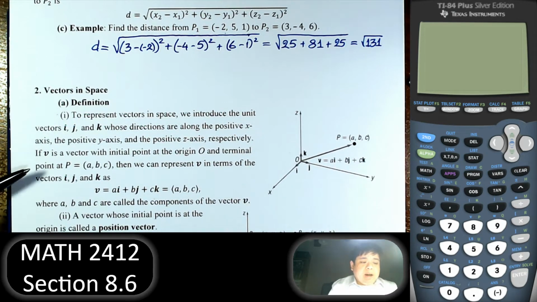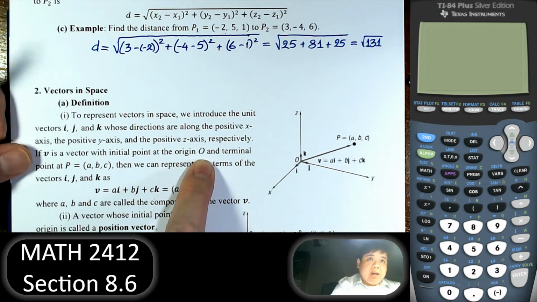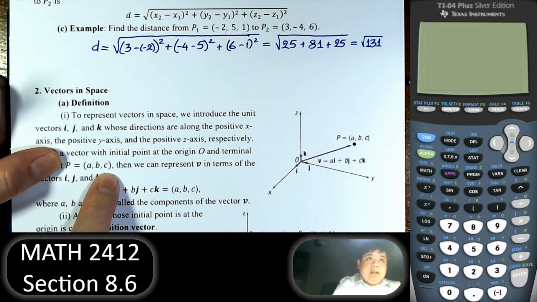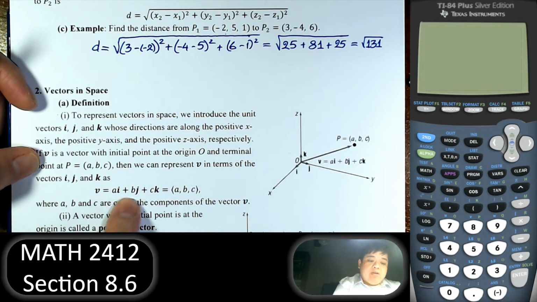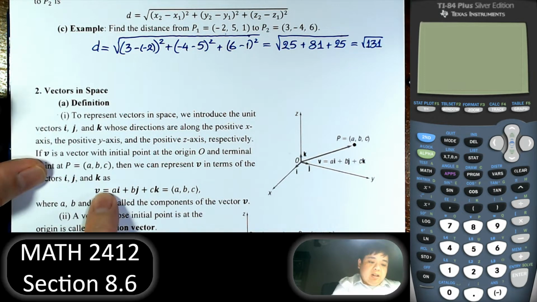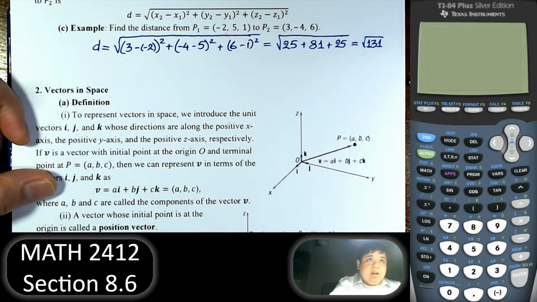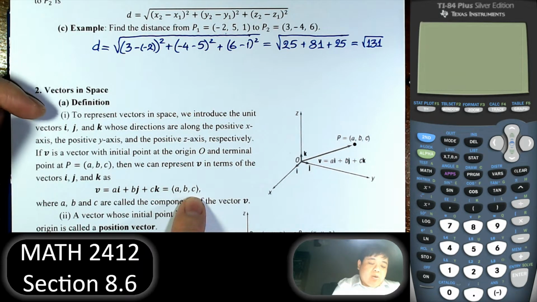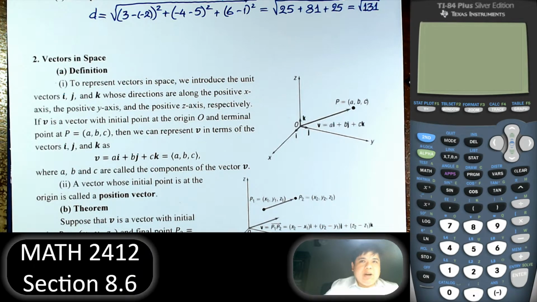Now, if a vector v in space with initial point at the origin, same thing, the terminal point, the end point is at a, b, c, then we can represent vector v in terms of vectors i, j, k as follows. So now we can write a vector in 3 components, i, j, k, or we can write using the angular bracket notation. Right? So pretty much now we just add 1 component to a vector.